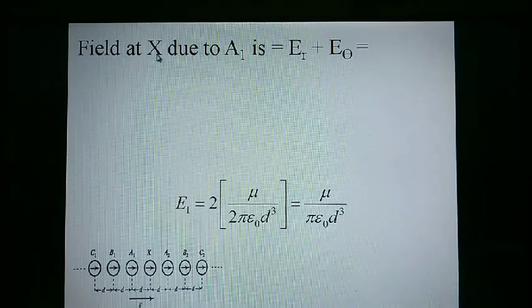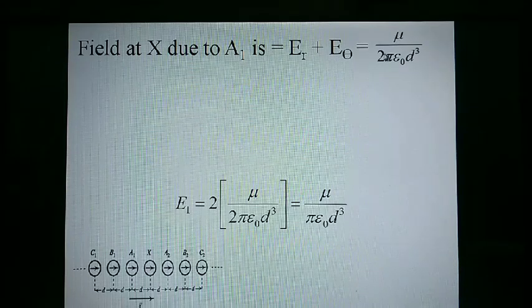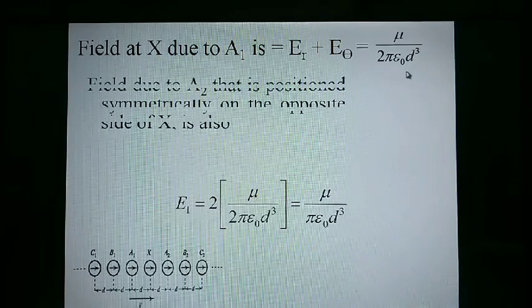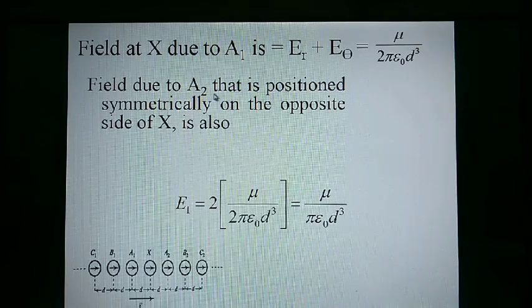The field at the site of the dipole X is the sum of the radial component and the angular component, which is equal to mu by 2 pi epsilon naught d cube, as I described in the previous slide. The field due to the dipole A2 has the same magnitude because it is at the same distance and on the same axis.